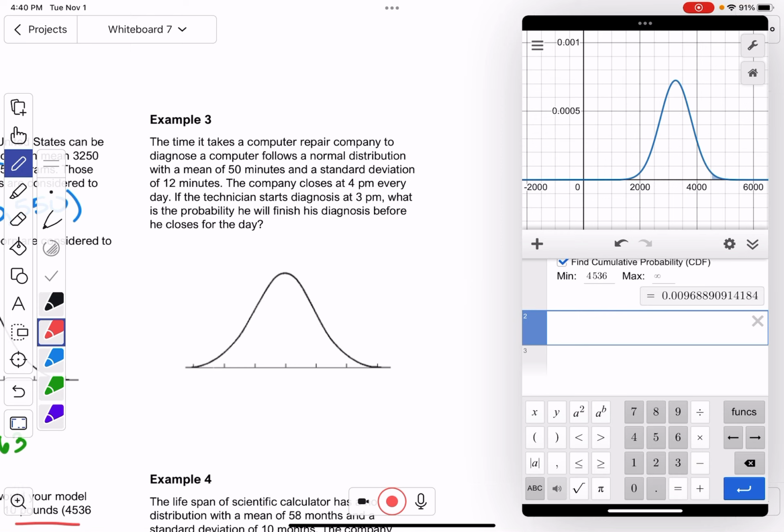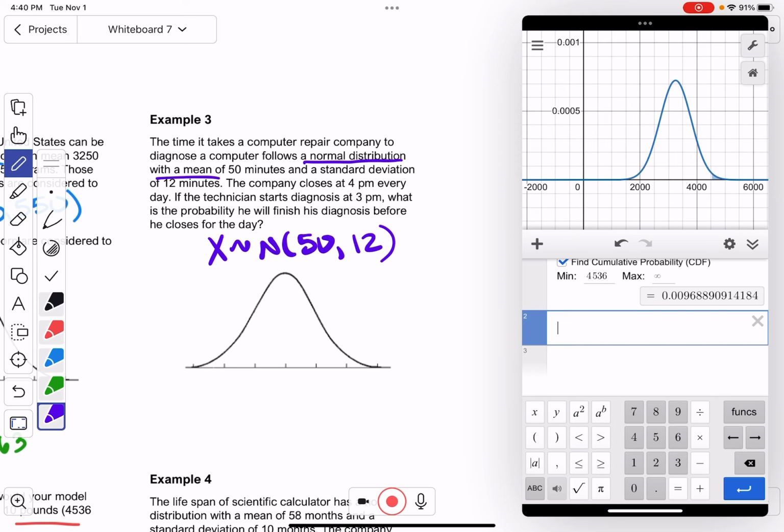The time it takes a computer repair company to diagnose a computer follows, again, the key word is a normal distribution. So X follows a normal distribution with a mean of 50 and a standard deviation of 12 minutes. The company closes at 4 p.m. every day.